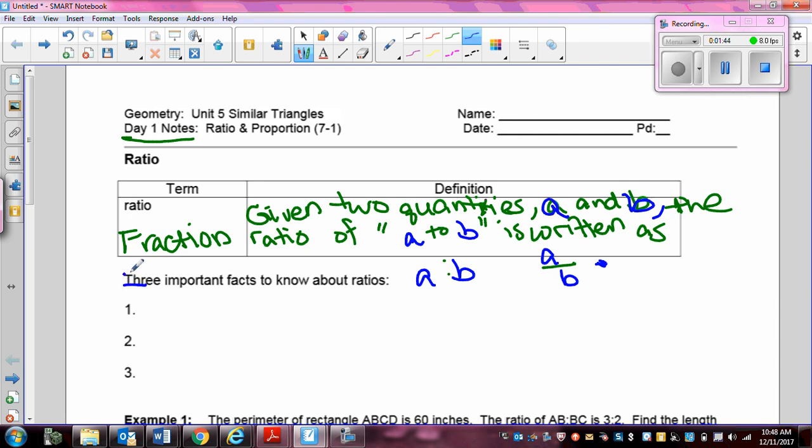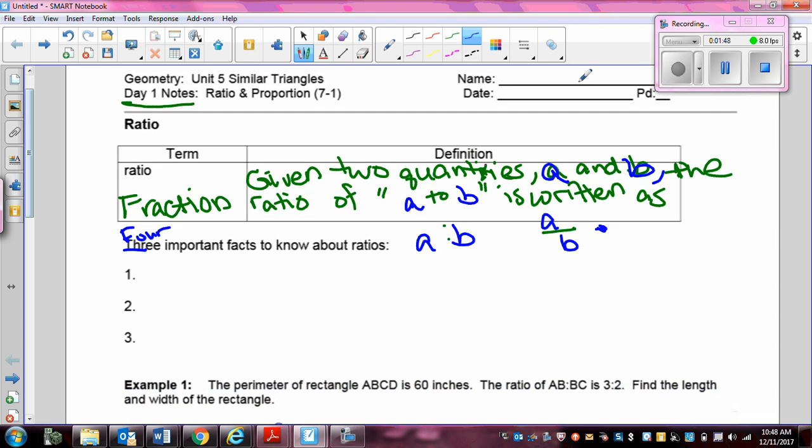There are actually 4 important facts that you need to know when it comes to ratios. The first one is you have to have the same units before you simplify it. Before you can actually divide, you have to have the same units.